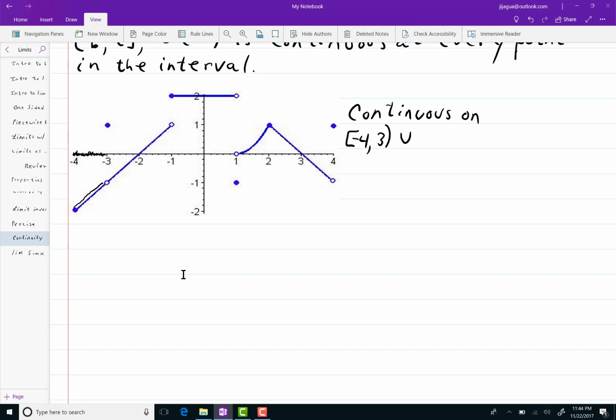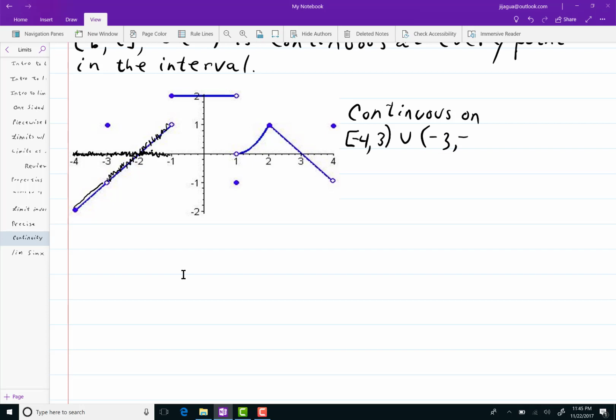If we go then, starting from negative 3, I see that the graph is unbroken all the way until x gets to negative 1. So this part right here has a hole at the beginning and the end of that interval. So from negative 3 to negative 1, parentheses for both, it's continuous.